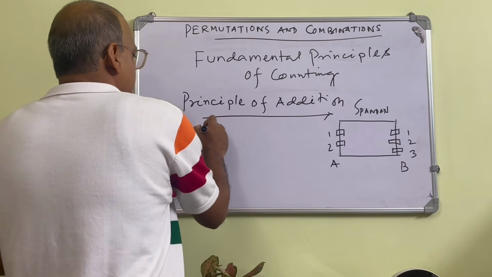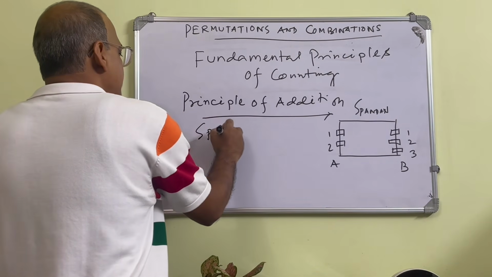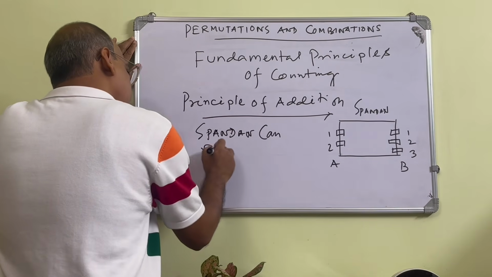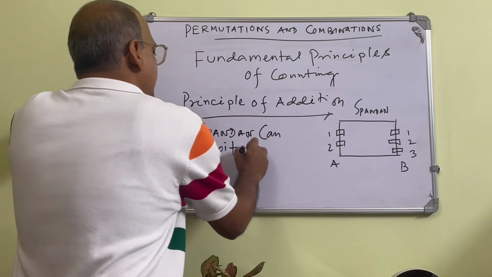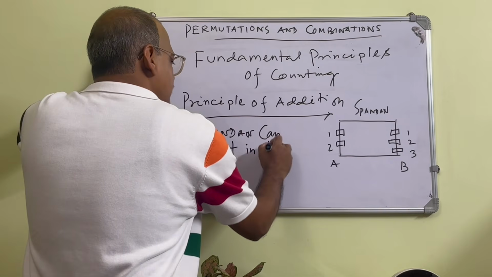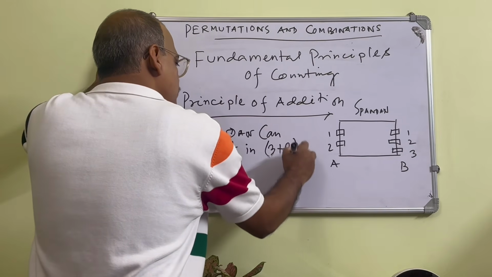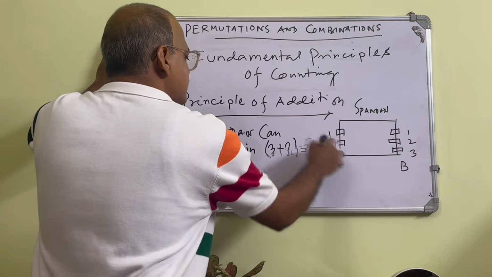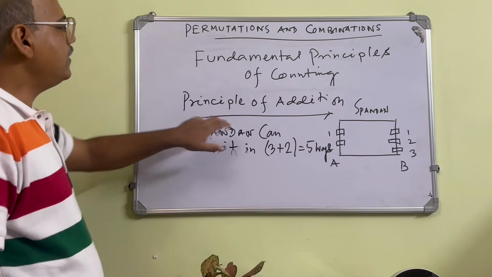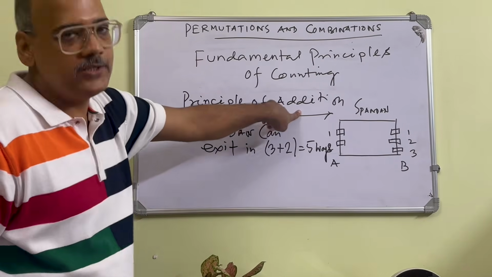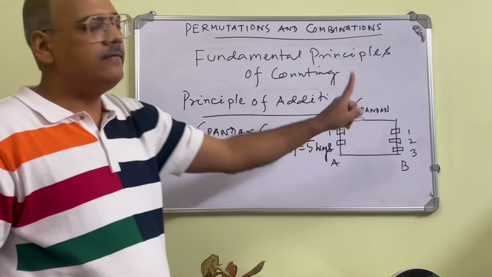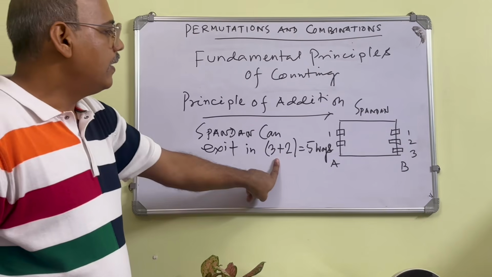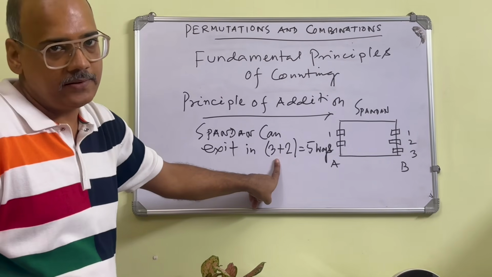So Spandan can exit in 3 plus 2, 5 ways. So here this is the principle of addition. So when 2 events are mutually exclusive, then this adds.